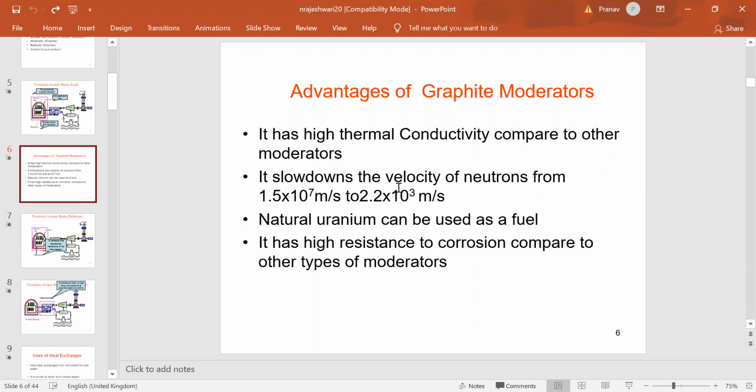And natural uranium can be used as a fuel, and it has high resistance to corrosion compared to other types of moderators or other materials like sodium. So natural uranium can be used as a fuel.